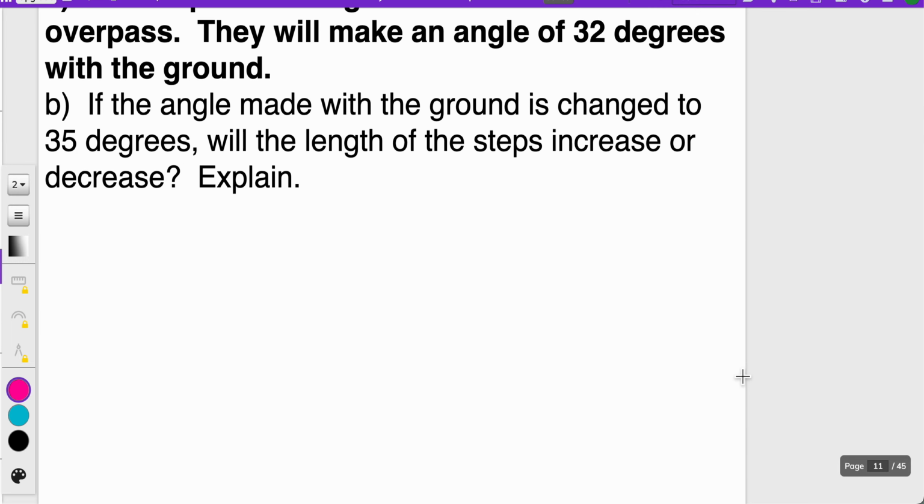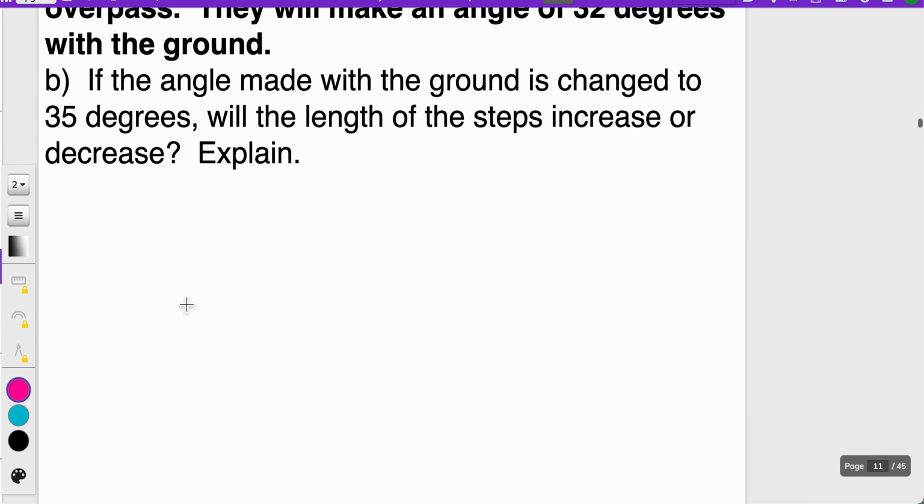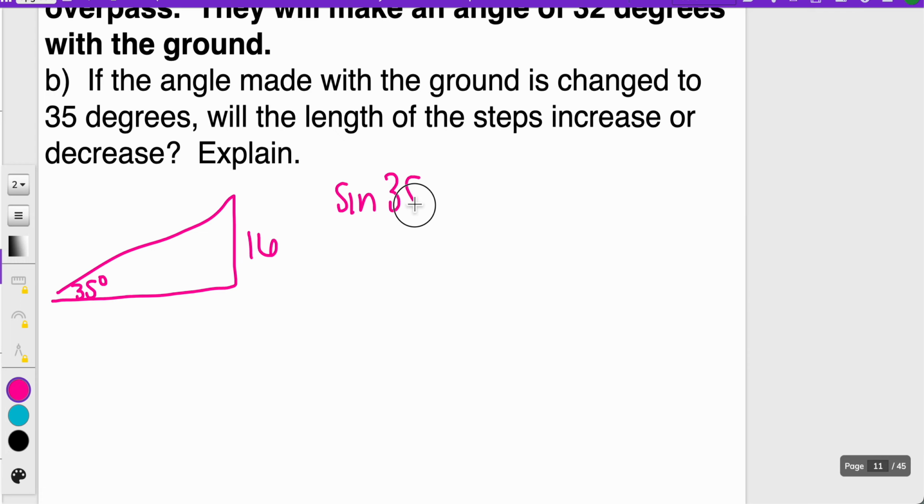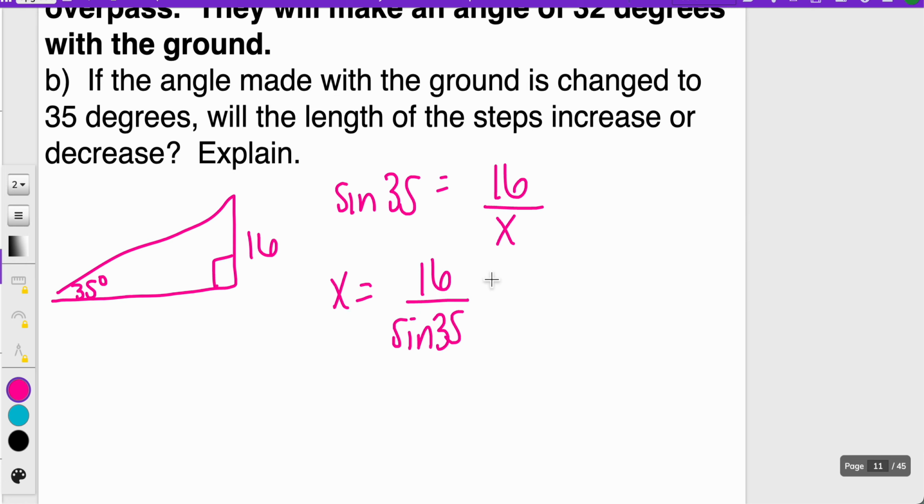If the angle made with the ground is changed to 35 degrees, will the length of the steps increase or decrease? So still the same setup here, except 35 is my new one. So sine of 35 is equal to 16 opposite over hypotenuse x, or x can be found by taking 16 and dividing it by the sine of 35. So I'm getting about 27.90.